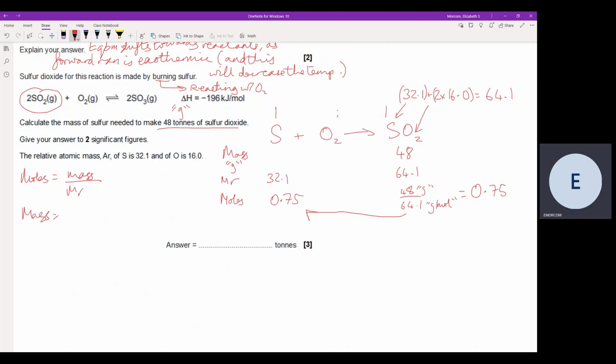We rearrange this equation to make mass the subject, so mass is equal to moles times MR. So I'm going to do 0.75 times 32.1, and that value gives me 24 point something, but they've asked us for two significant figures, and the number we get is 24.03 something.